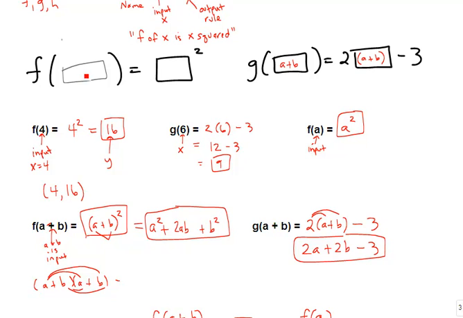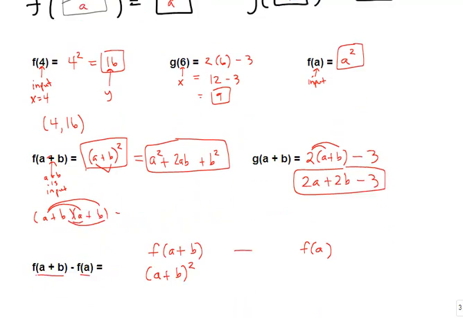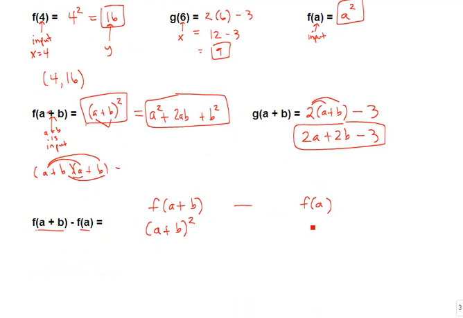So we're just going to put a in our little box. So f of a would just be a squared. So if I write that down over here, f of a is just a squared. So we have a plus b quantity squared is our f of a plus b. a squared is our f of a. And remember what we're supposed to do with these two things. We're supposed to subtract them. So this is initially what your formula is going to look like.